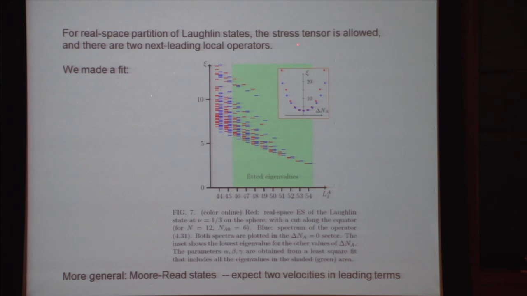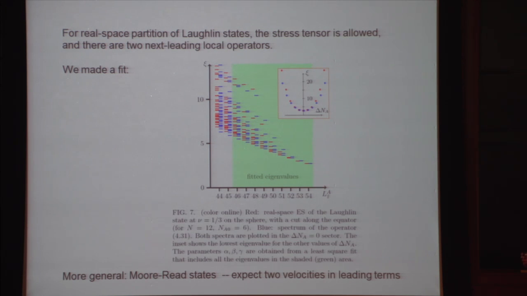Okay. So to do better with the fit, we'll take the stress tensor and we'll take the two operators which are of next leading order in the CFT, which are things like d squared phi all squared in scalar field language. And we can numerically find the spectrum with those terms added to the Hamiltonian, and we can compare with our numerical calculation. So what we did is we made a fit.